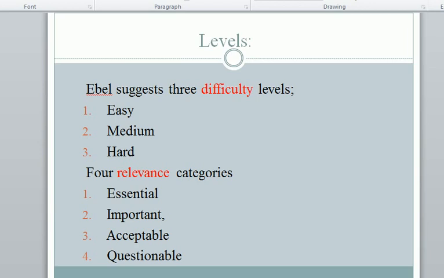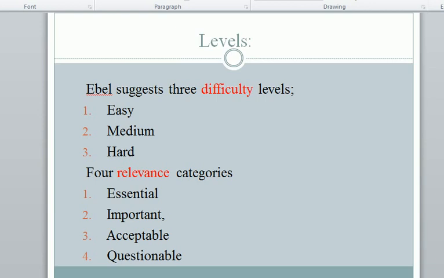Dear students, now I will discuss the Angoff criteria. As I discussed before, the Angoff method uses two criteria in this procedure of standard setting at the same time.